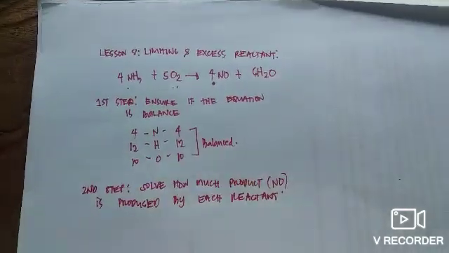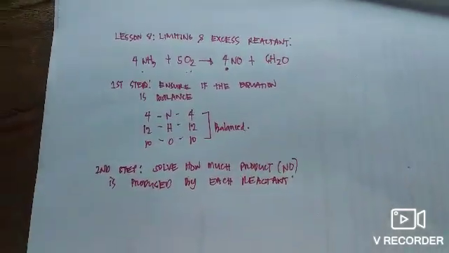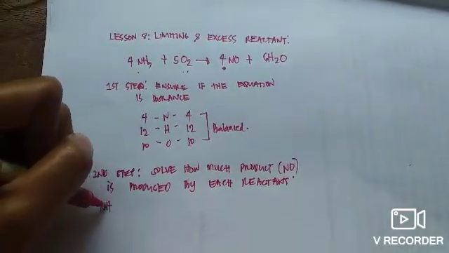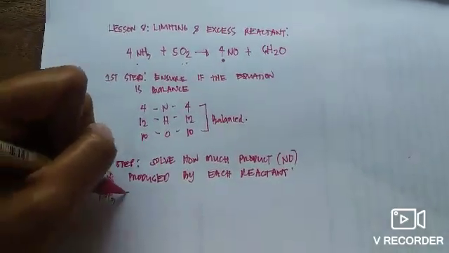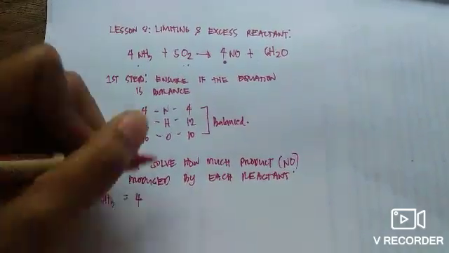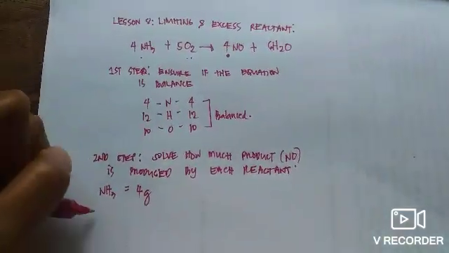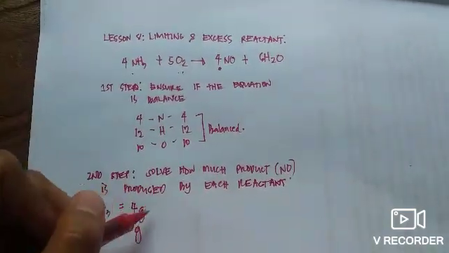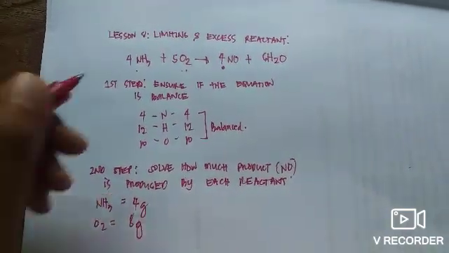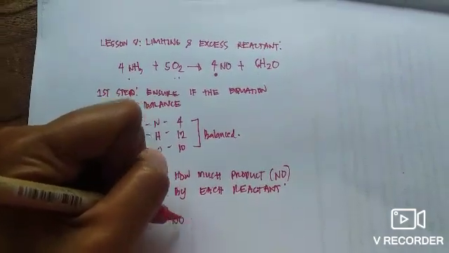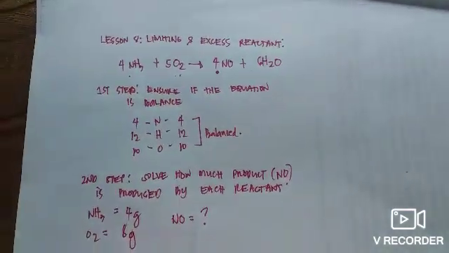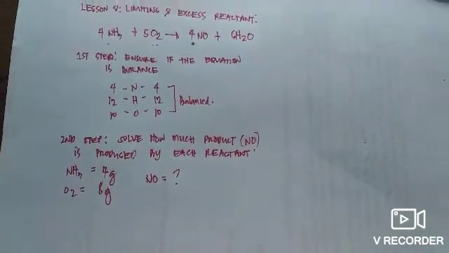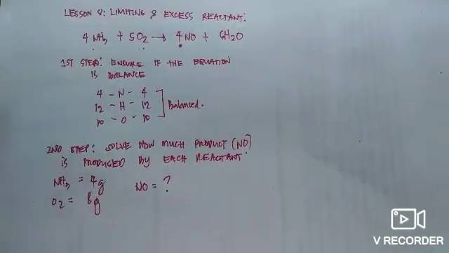So in the problem, ammonia has 4 grams and oxygen has 8 grams. So these are the given. So what will be the result if we are going to find the limiting and excess reactant over this equation?